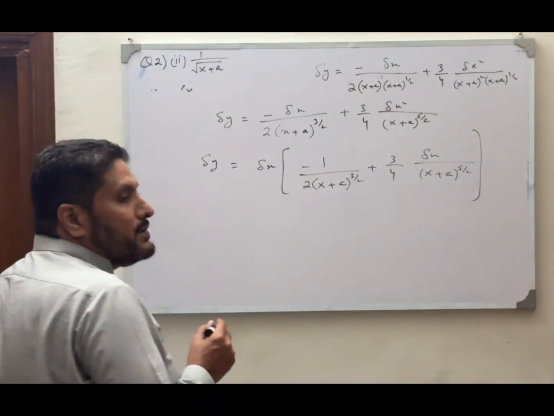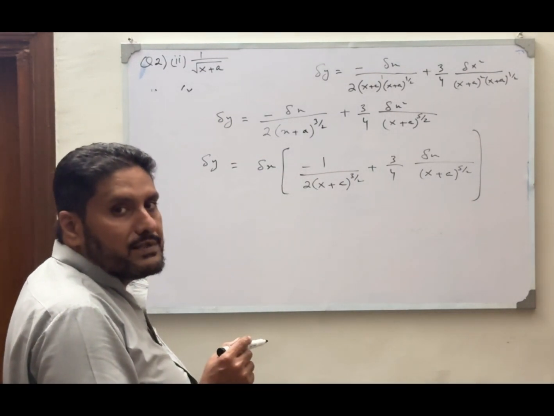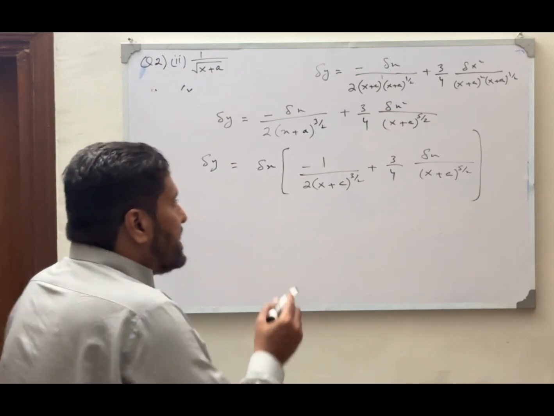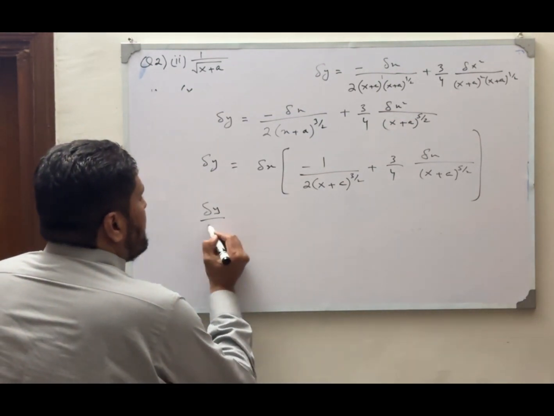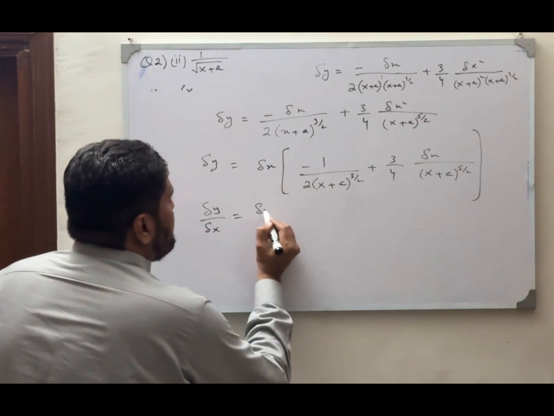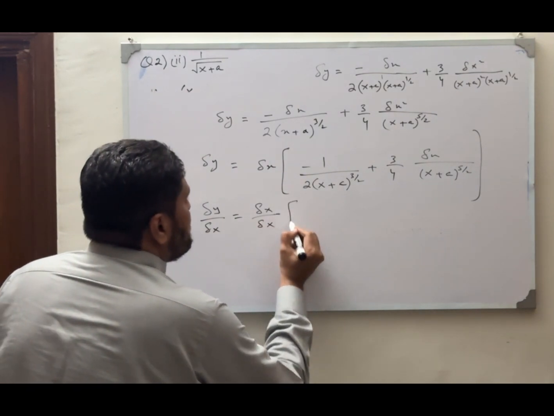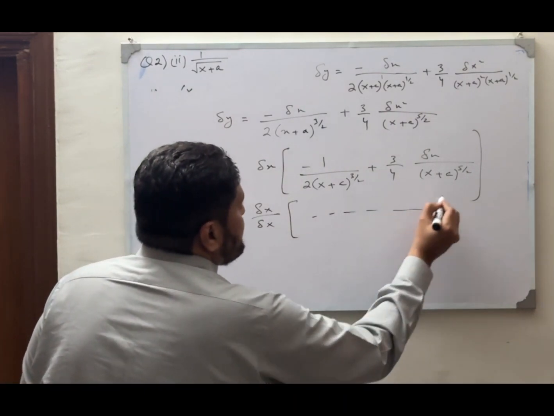So now by using step 3, by dividing both sides of the equation by delta x, delta y by delta x is equal to delta x over delta x into this whole term, which remains the same.